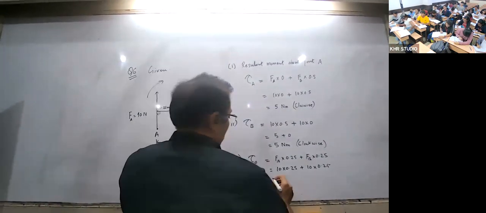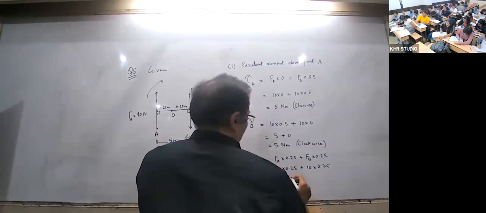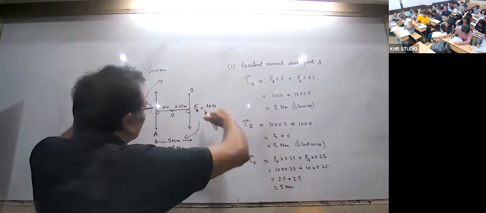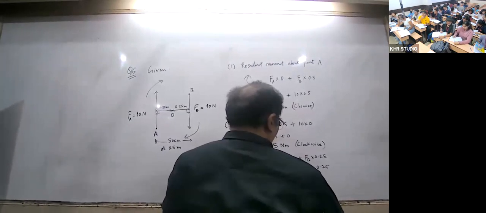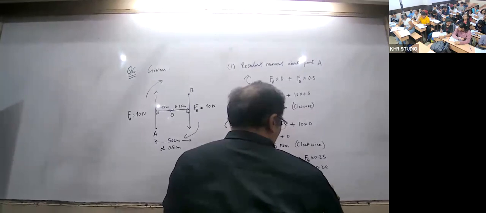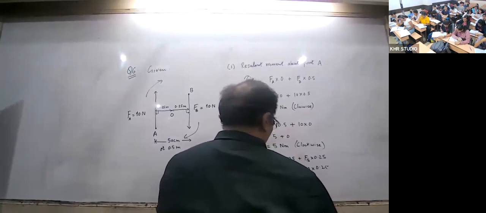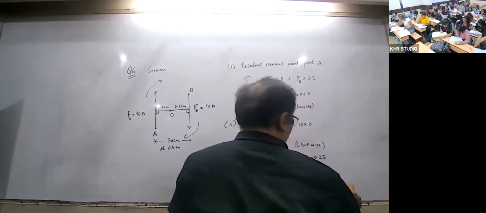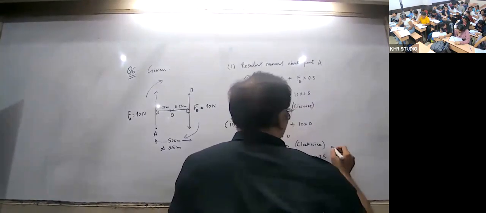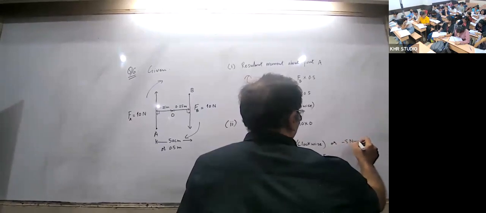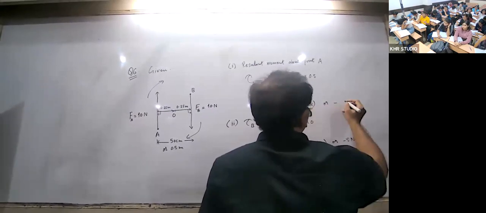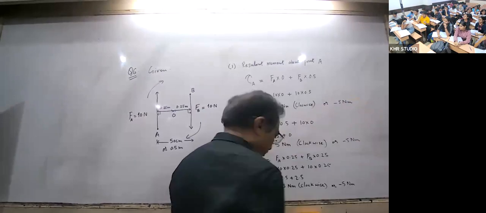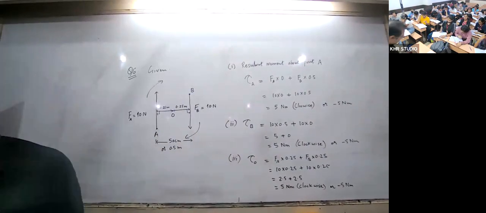So this is 2.5 plus 2.5, 5 Newton meter, clockwise. Both will add up, so it is clockwise. If not clockwise, then it would be minus 5 Newton meter. If it is not asked to write in terms of sign, you can just leave it here. Everybody clear on this?